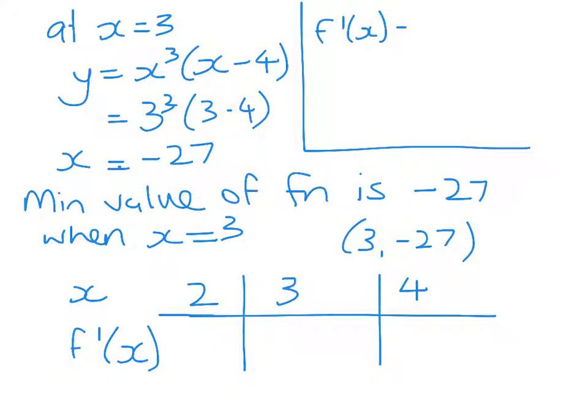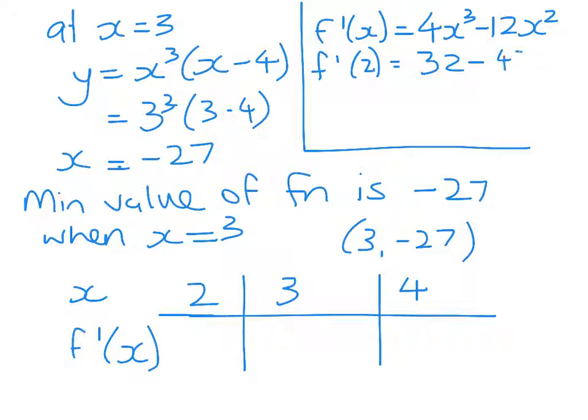which I'll put up here. So it's 4x cubed minus 12x squared. So the gradient function when x is 2 is 4 times 8, so that's 32, minus 12 times 4, minus 48, and that's negative 16.